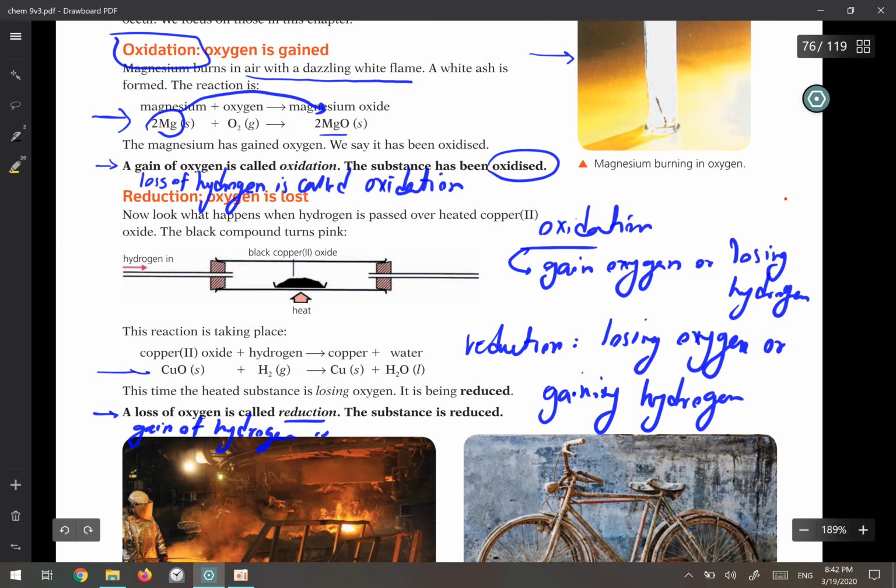The reaction is written here. Copper oxide reacts with hydrogen. The products are copper and water. What happens to the copper oxide? The copper oxide has lost oxygen. That's why we say copper oxide is reduced. This is an example of a reduction reaction.